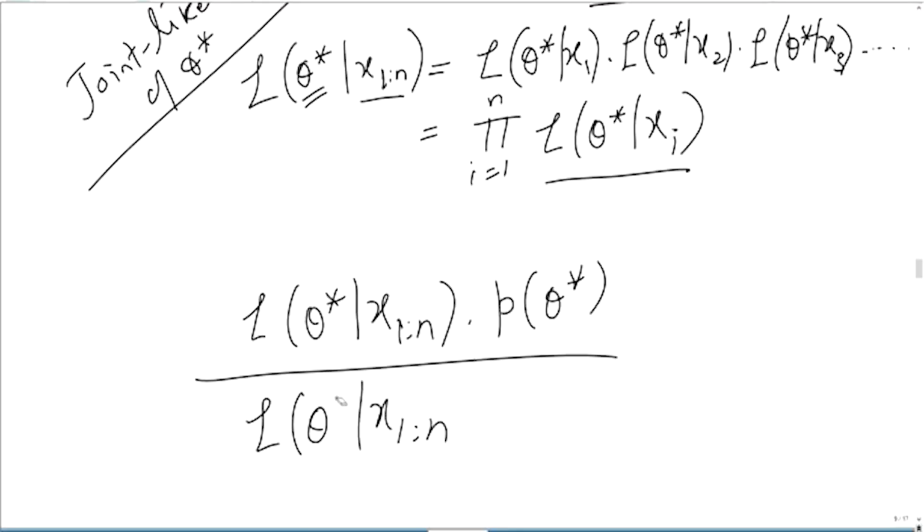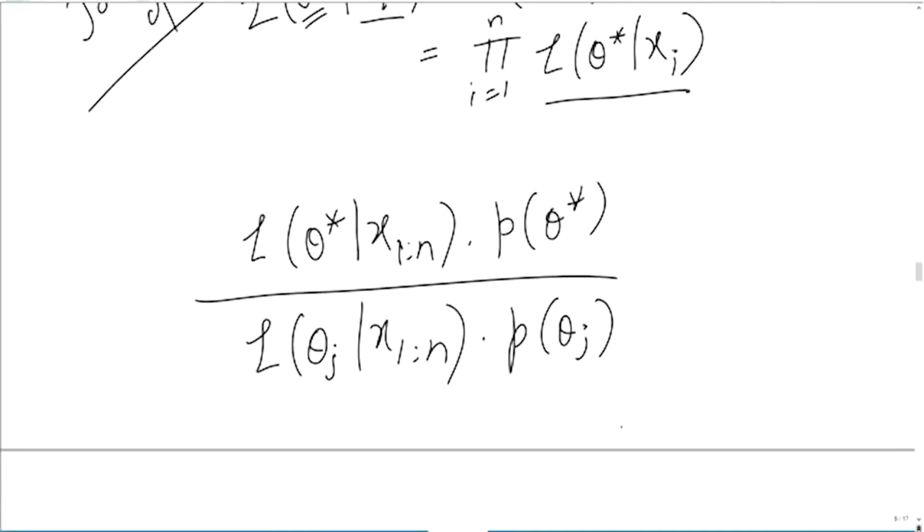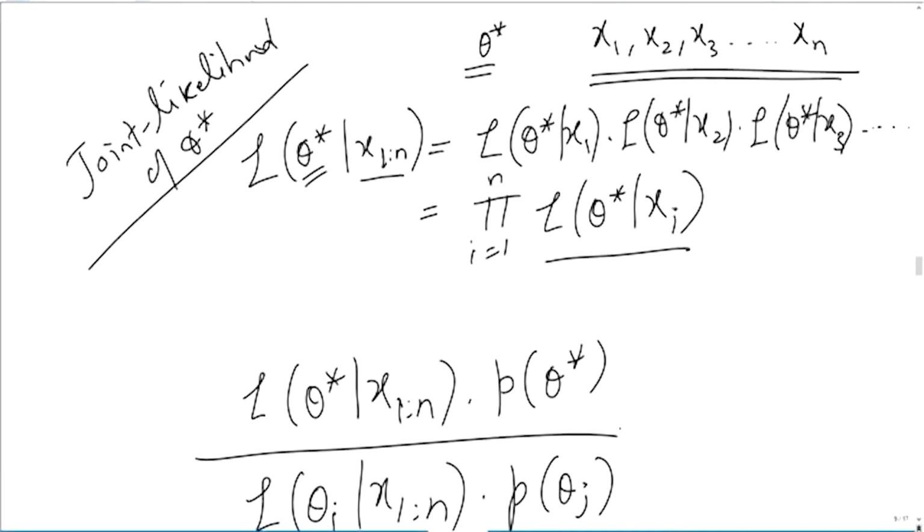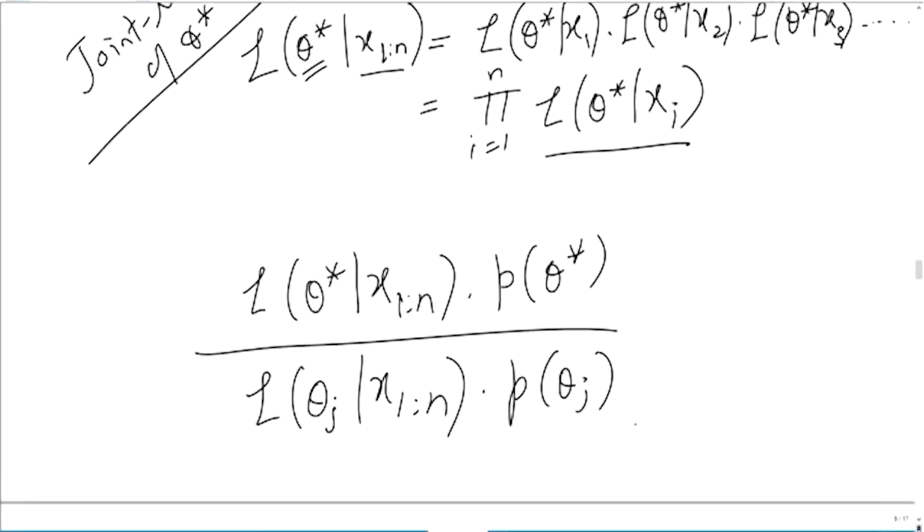So let us call the current state theta j. So you're interested in this ratio. Can you calculate this ratio when you have a lot of data points? If you directly go on multiplying these likelihoods, then this term will be 0 and this term will be 0, so you won't be able to do this.